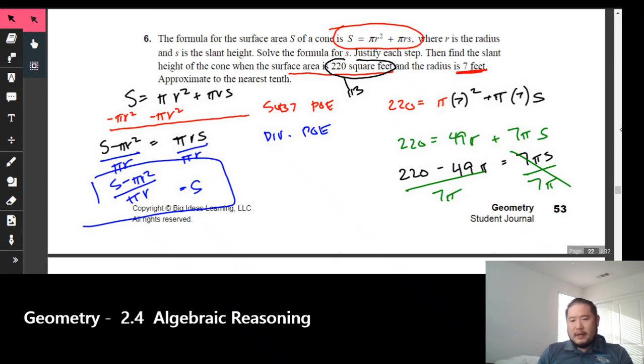You are going to have to be careful. I tend to use parentheses, and which you should use, because your calculator actually doesn't understand directions very well. It just knows that if you plug in your calculator 220 minus 49 pi, it's going to divide that 49 pi by 7 pi. So using parentheses is actually very good practice.